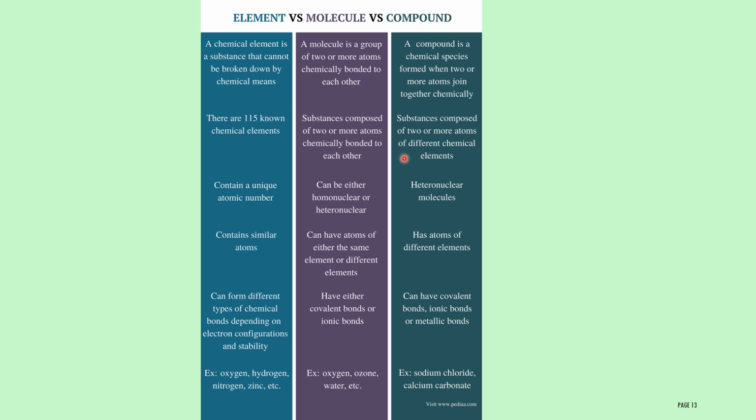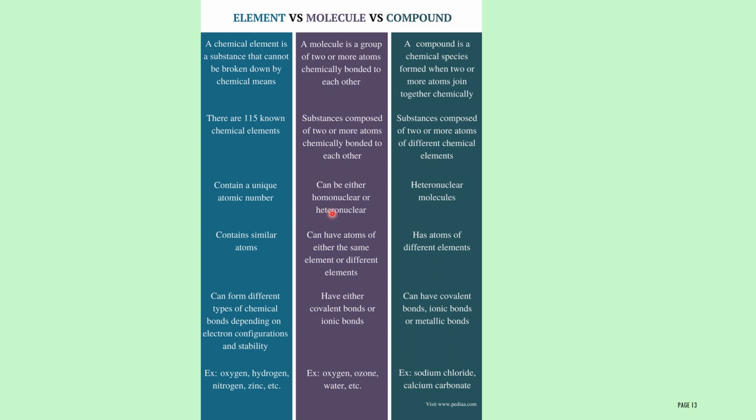An element contains a unique atomic number. A molecule can be either homonuclear or heteronuclear. A compound is always a heteronuclear molecule.